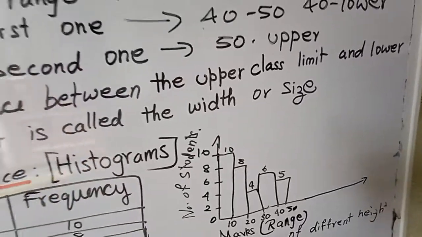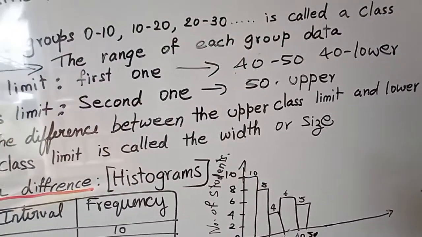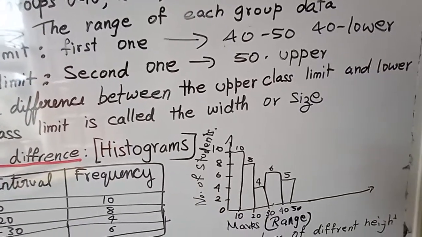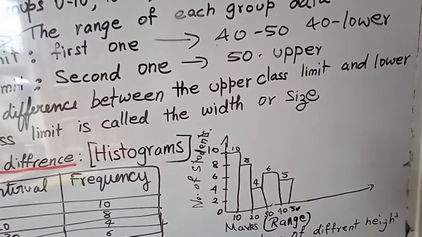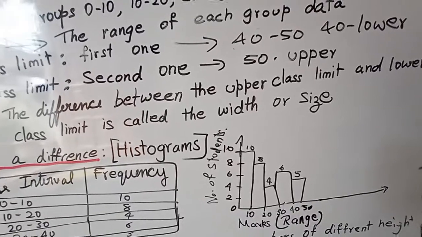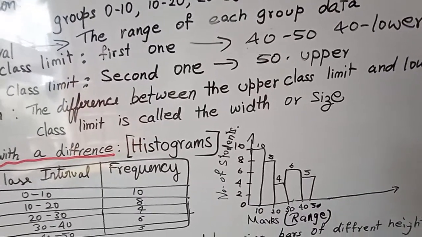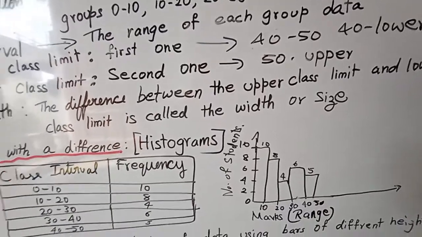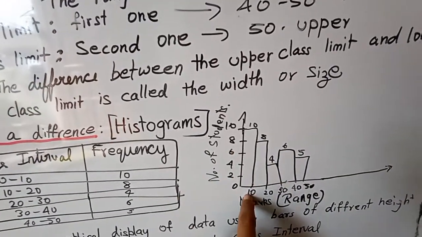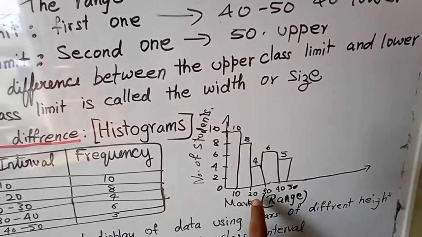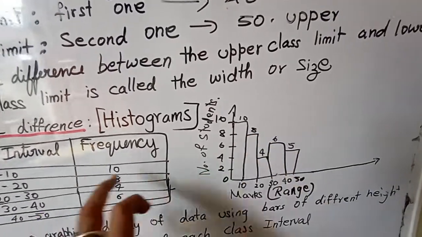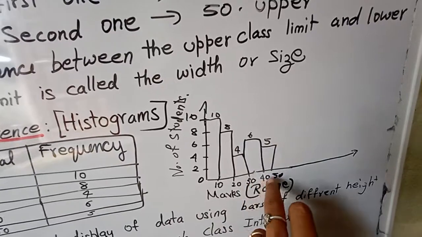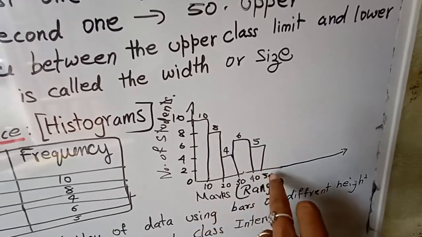Earlier in the bar graph we kept equal groups, but here we are not showing them. Why? It becomes easy for you to compare. This is named a histogram, bars with a difference. Now 0 to 10, 10; 10 to 20, 8; 20 to 30, 4; 30 to 40, 6; 40 to 50.